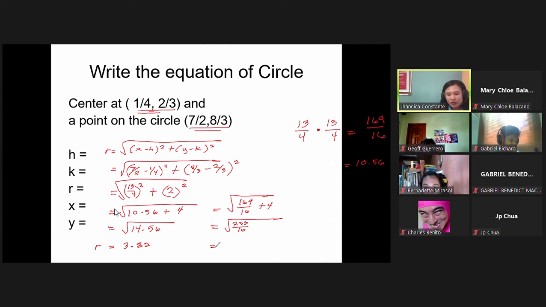The square root of 233 over 16 is also equal to 3.82.